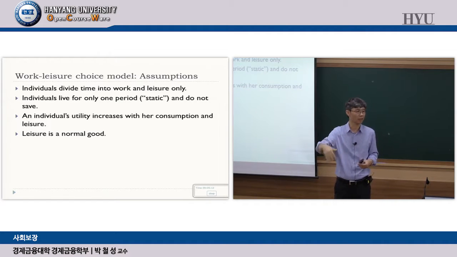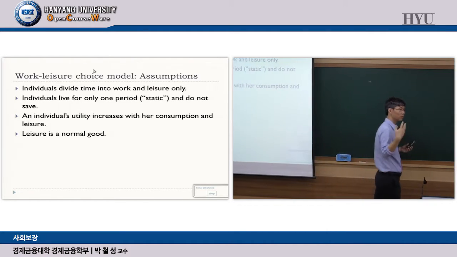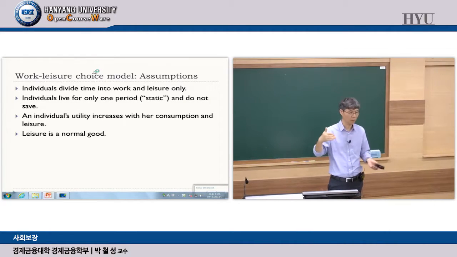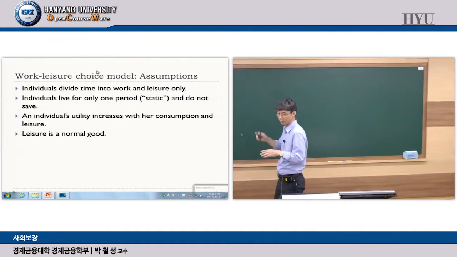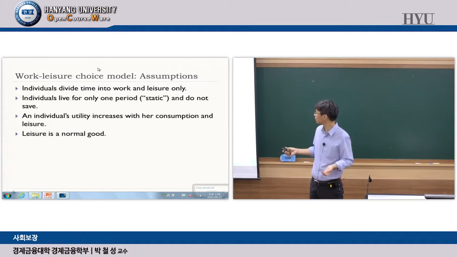Working increases earnings, the person's income, which can contribute to increasing consumption, but it lowers utility by decreasing leisure. Increasing leisure means happier, because this person spends more time doing things he or she likes, but will have less money for consumption. So obviously there is a trade-off, and the trade-off is the starting point of every economic model.